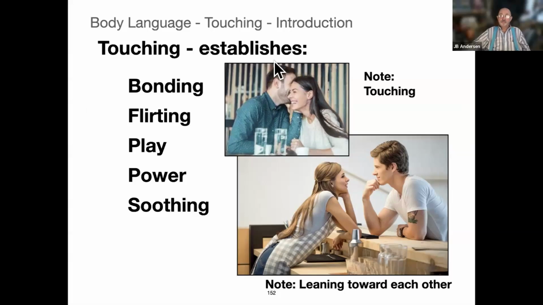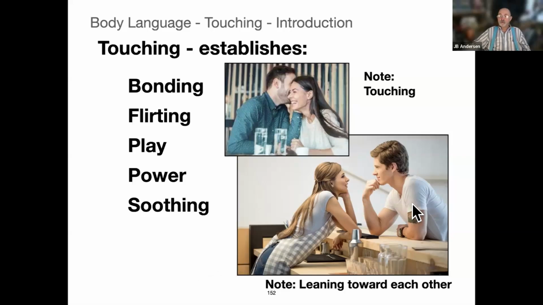Here's a couple, and they're actually touching. His arm is against her shoulder. They are cheek to cheek. So this is flirting, and this is bonding, etc. Here, you see two things that are really significant in romancing.